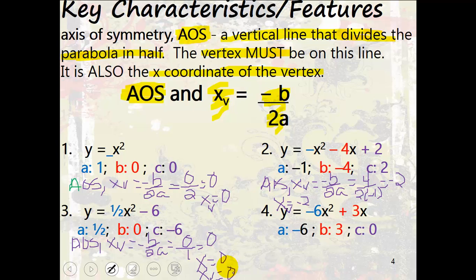Number 4, the axis of symmetry, which is also the x-coordinate of my vertex, is negative b over 2a, which is negative 3 over negative 2 times negative 6, gives me 3 over 12, which is 1/4. Okay? Hope you did well on those.